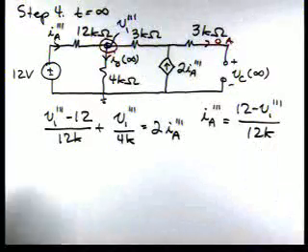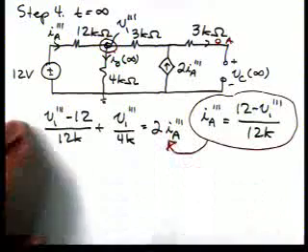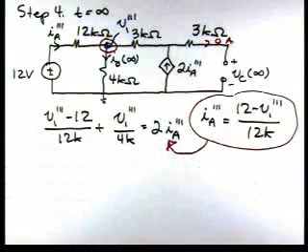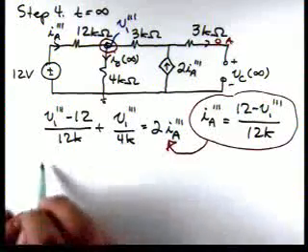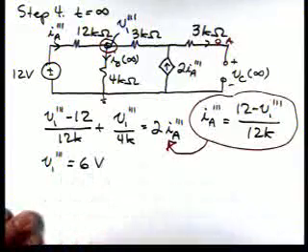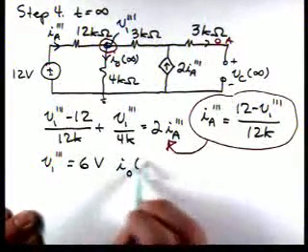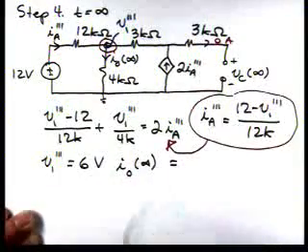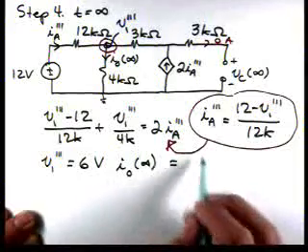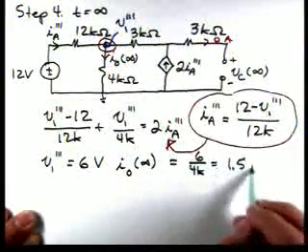Now we'll substitute this into there, and when you do this, you can get V1 triple prime is 6 volts. So I0 of infinity is 6 over 4K, which is 1.5 milliamps.